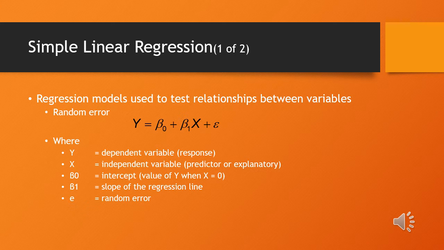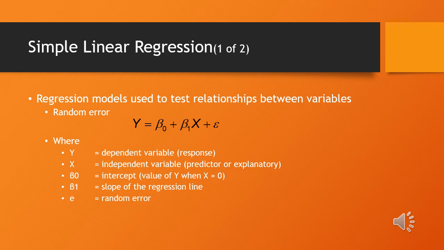There is also some random error that cannot be predicted. As you see, the equation is y equals beta 0 plus beta 1 multiplied by x plus epsilon, or e in Greek, as I'm Greek, and I wanted to mention that because I find it cool.